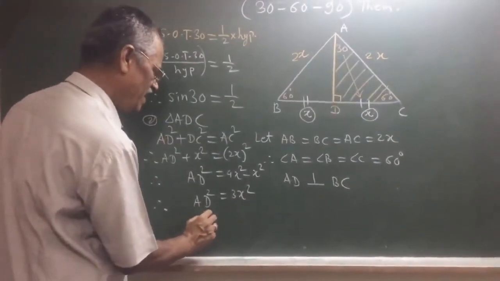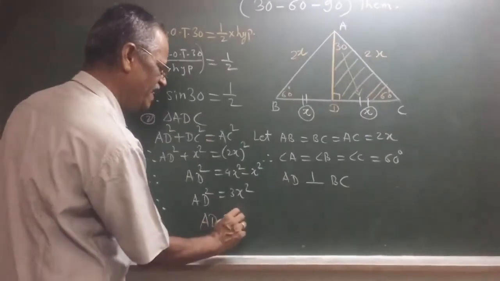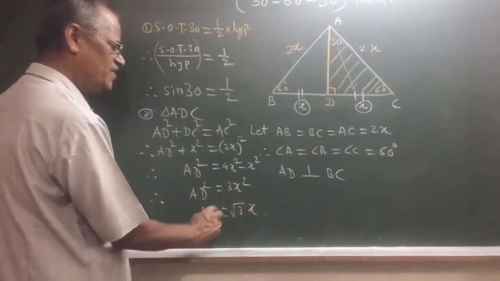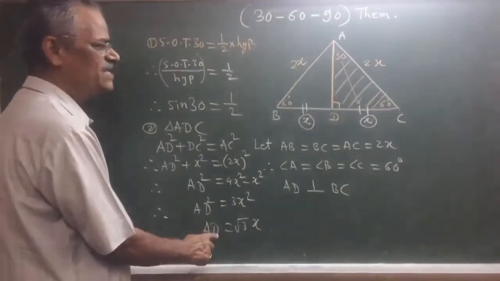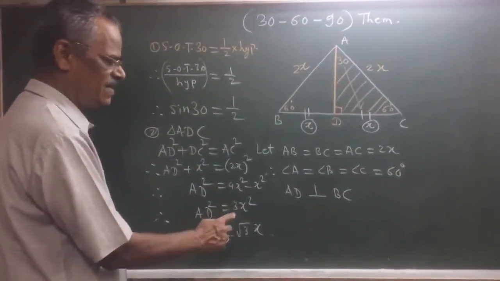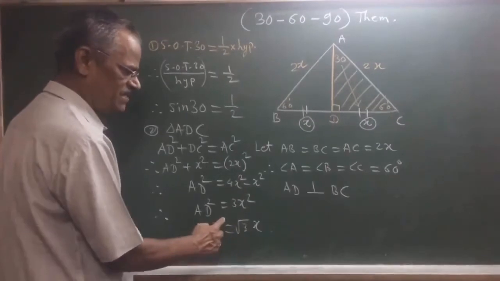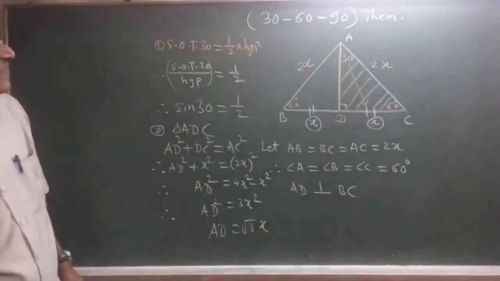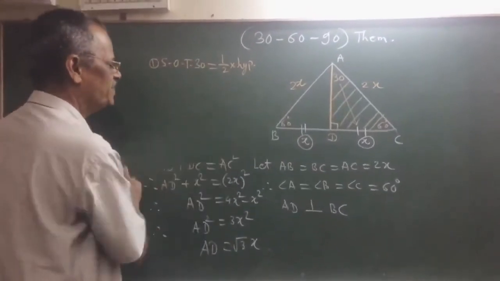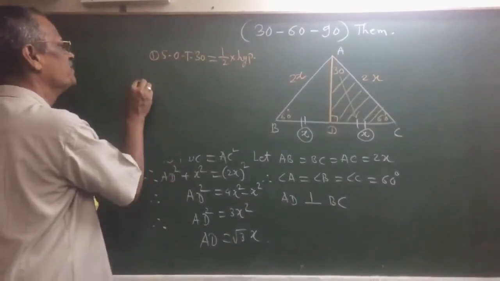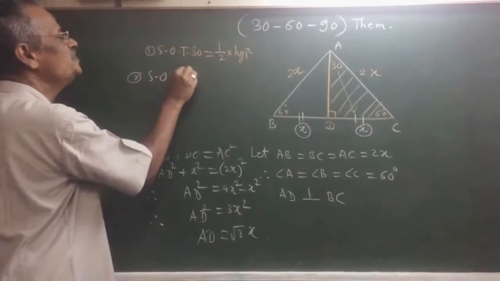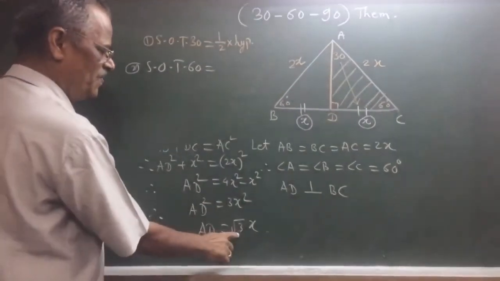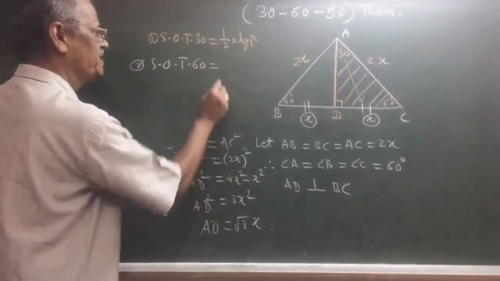So definitely you can calculate AD is equal to root 3 x, and this is nothing but the side opposite to 60. So what is the next result we are getting there? Side opposite to 60 is equal to root 3 into x.